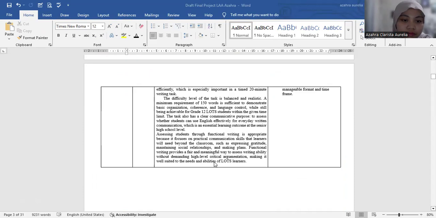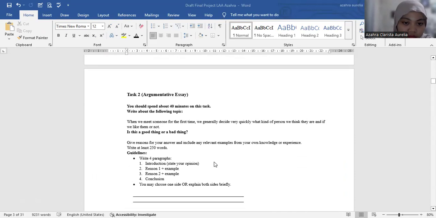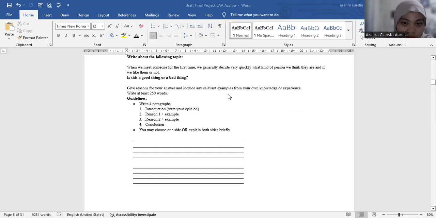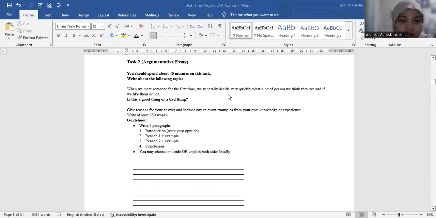And then here is task two, an argumentative essay about the first impression when meeting someone. The second task for the low order thinking skills writing task is an argumentative essay about first impression. And here is the task.